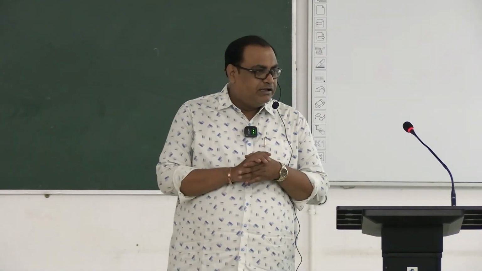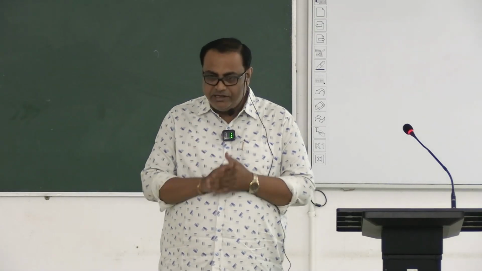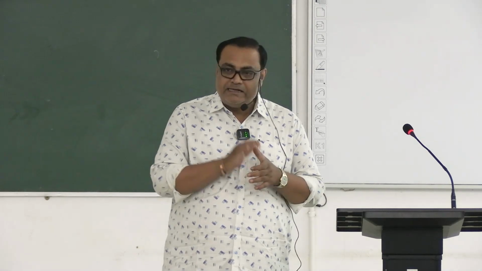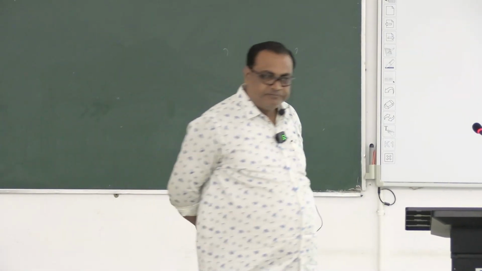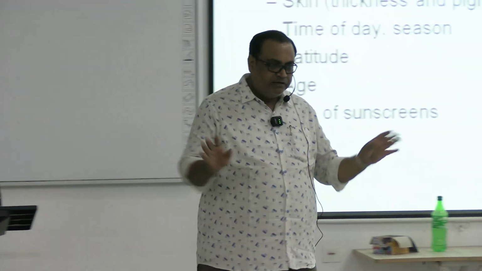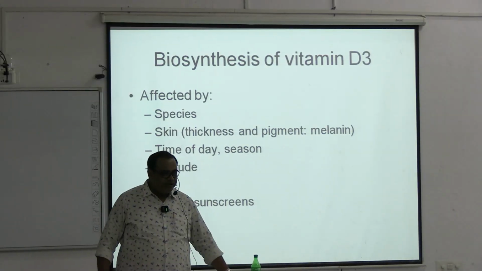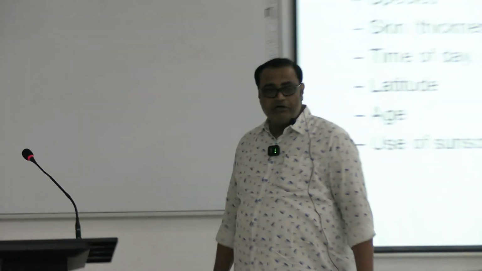Then why is no population present in the desert area black? You find any population staying in the desert, which is very hot, no rain, but they are not black, because the pigmentation not only depends on sunlight exposure, it also depends on humidity.